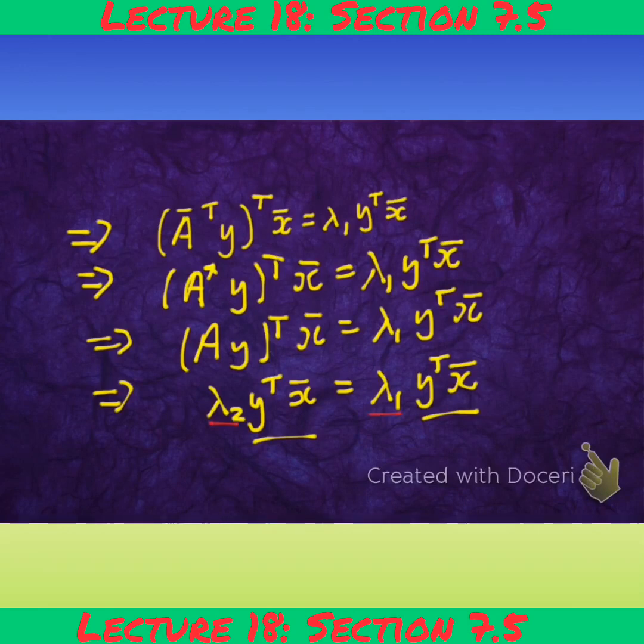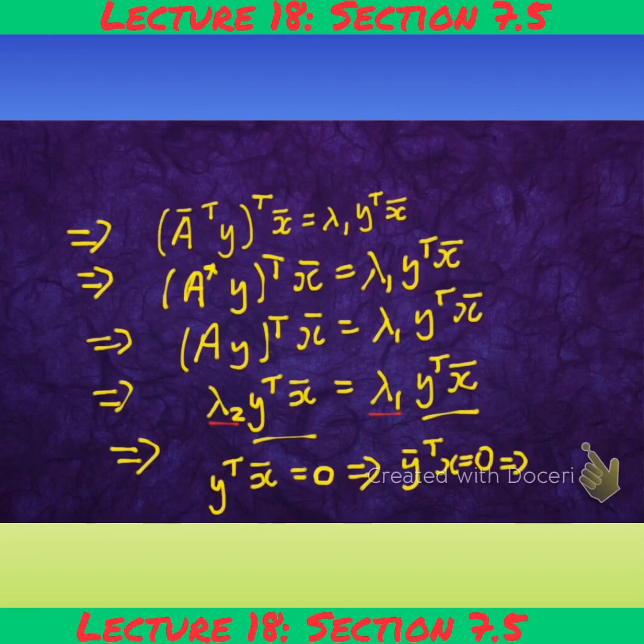So basically, the only way that can be the same is if that term needs to be zero, which then implies, taking conjugates on both sides, that y transpose x must be 0, and that is pretty much the complex dot product of x and y, and that must be 0. So eigenvectors from different eigenvalues in a Hermitian matrix must be orthogonal.